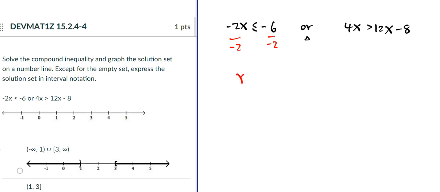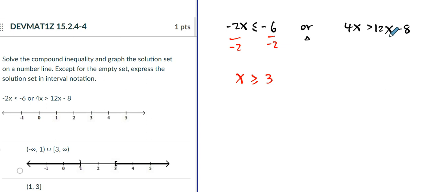So on the left is x. On the right-hand side, we get positive 3. And then since we divided by a negative number, this direction has to be switched. That will be the solution for the first one.